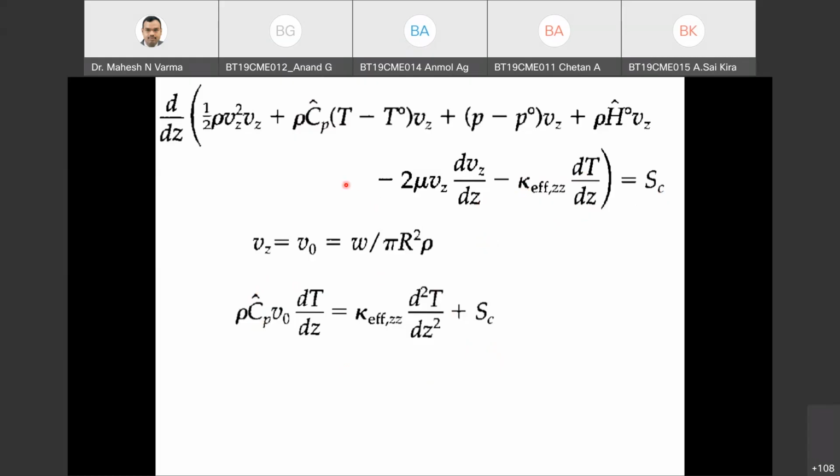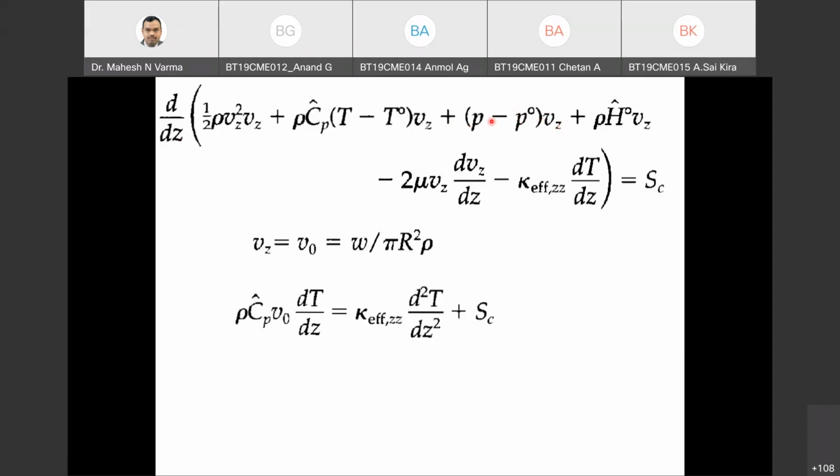So this is adding just two simple assumptions. Velocity is constant with respect to Z, and there is negligible variation of pressure with respect to Z, as far as heat transfer is concerned. Pressure is varying in the Z direction, but the variation is too small to account for a variation of energy content in the Z direction. That is why we can neglect this del P by del Z. This P0 is a constant reference, and this is also constant.